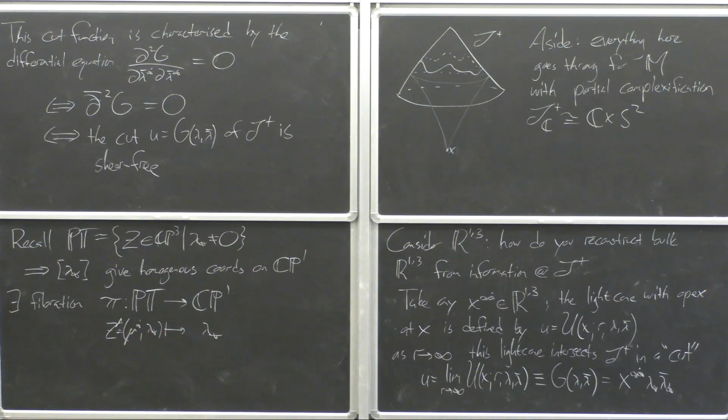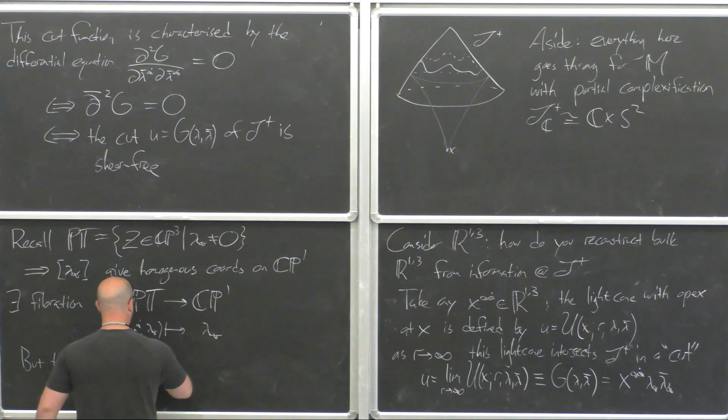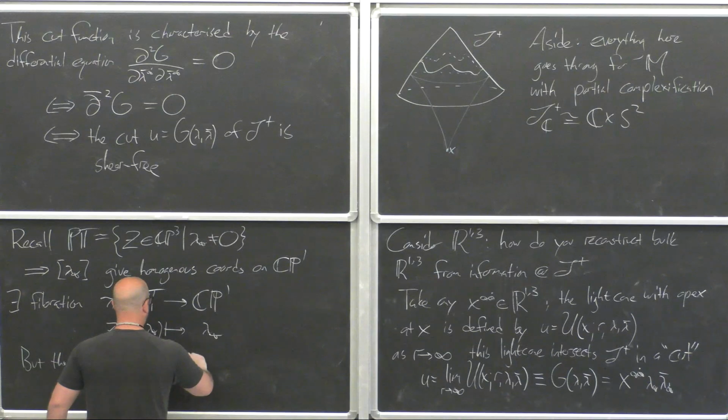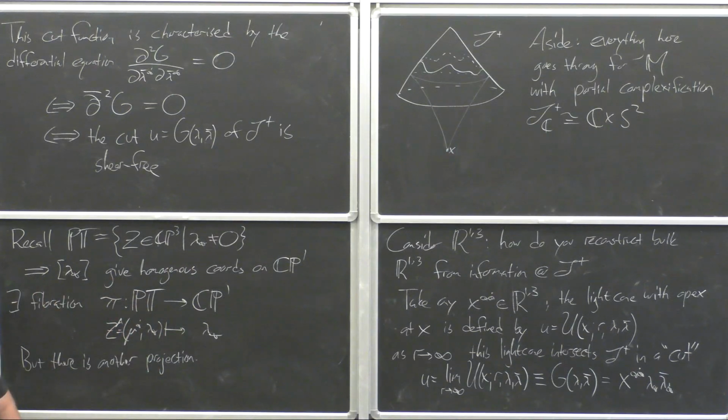But it turns out this twistor space also comes with another projection. This projection was holomorphic. Right? So often you'll hear people say, oh, twistor space admits a holomorphic fibration over CP1. That's fancy words for the existence of this map.